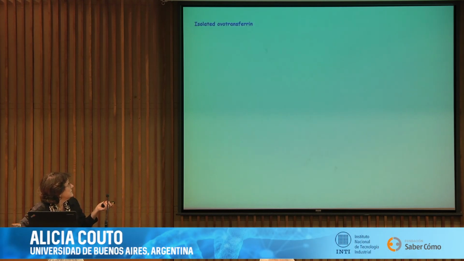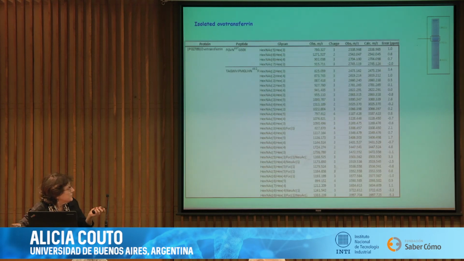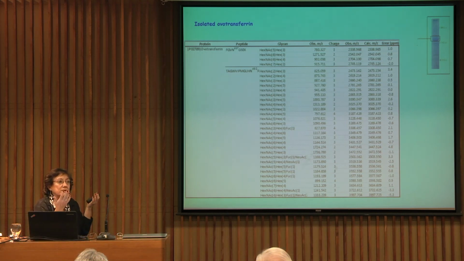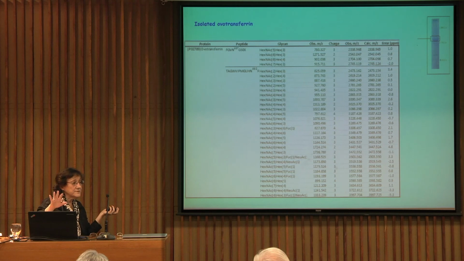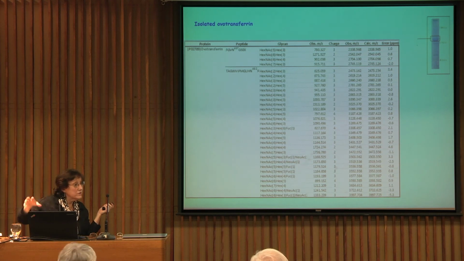So we then isolated ovotransferrin in a gel. We took the gel band corresponding to the molecular weight of ovotransferrin and performed the same analysis: the trypsin digestion of this band and analysis by mass spectrometry. And in this case, when we looked at the coverage of the protein, it was 80% coverage when the isolated protein was analyzed, and 80% coverage was obtained when the glycoprotein was used in the whole glycoprotein analysis.